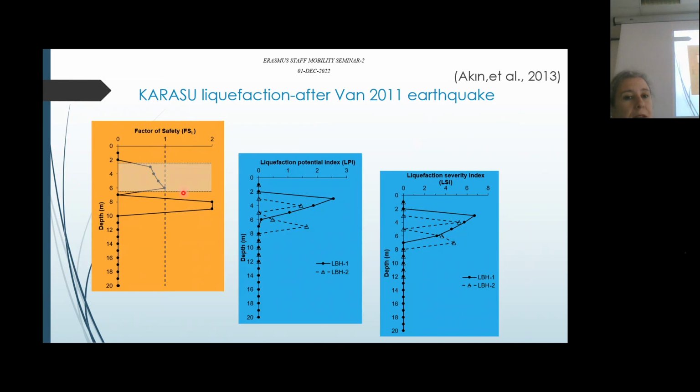And here, regarding the levels that we are having in the liquefied area, you can have the potential and severity index. They also confirm that we are having the liquefied zone that we are facing so far for Karasu liquefaction.